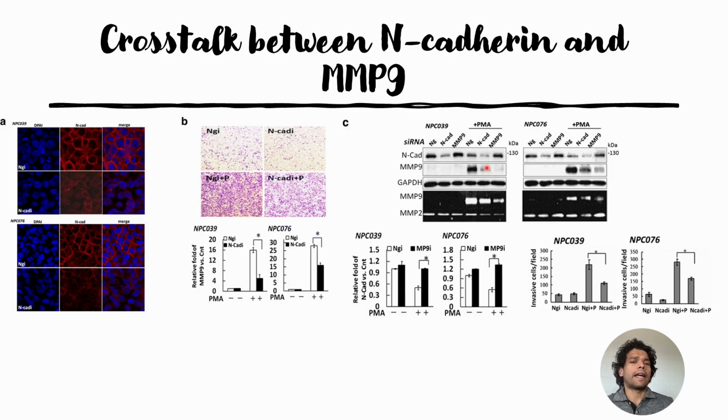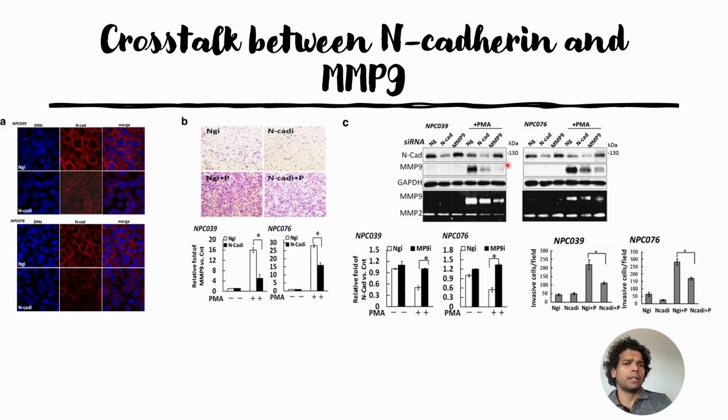This is expected as N-cadherin has been knocked down. However, they also see a reduction in the MMP9 level, indicating that N-cadherin levels somehow interact or help in MMP9 expression also.